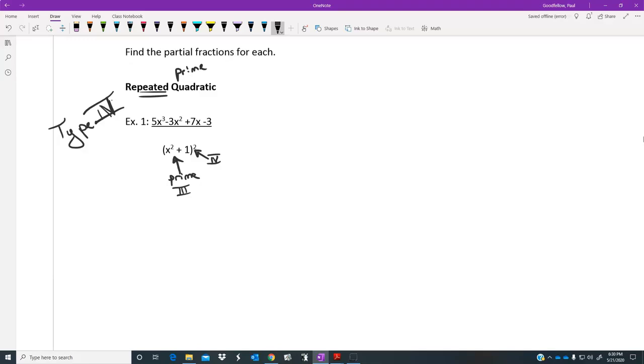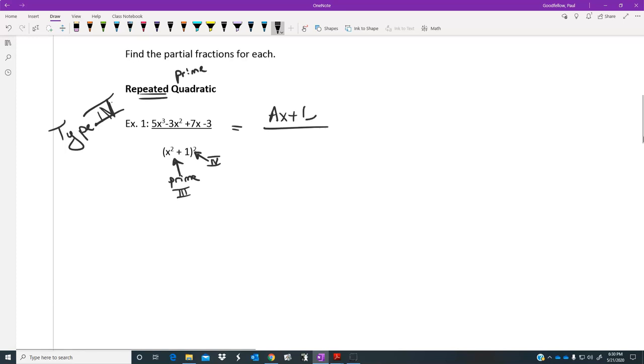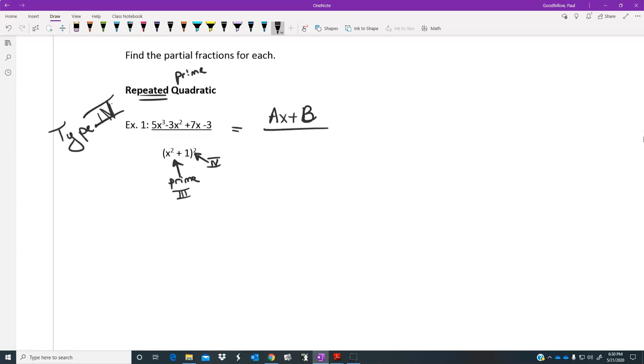And it works in the same regard as what you would have done in a type 2, except that we're dealing with a type 3 repeater. And that would end up being ax plus b over x squared plus 1, raised to the first power, and then cx plus d over the x squared plus 1 quantity squared.